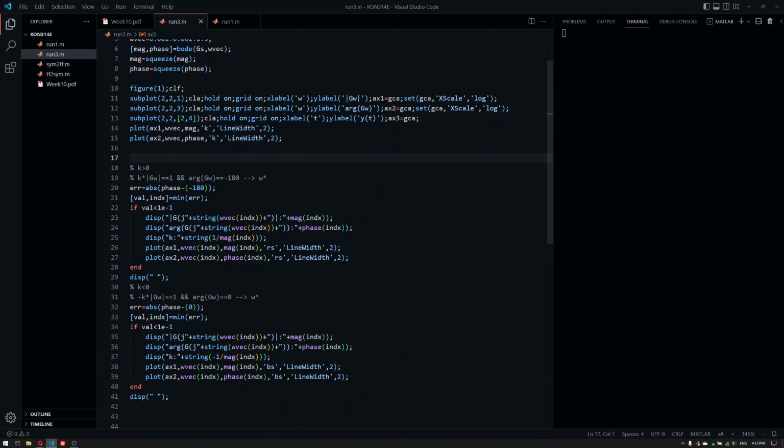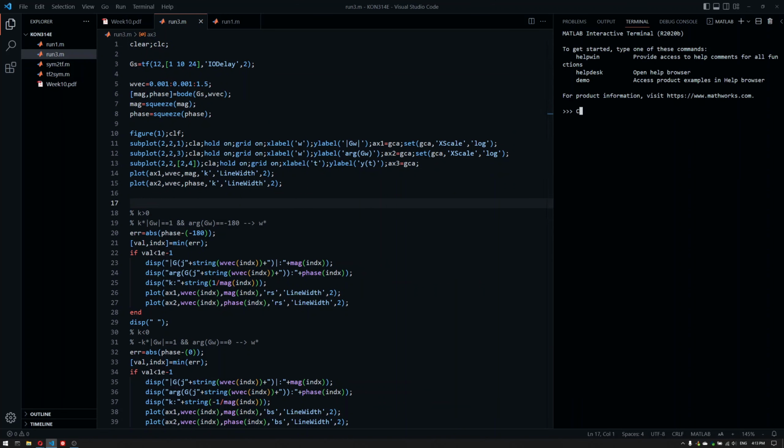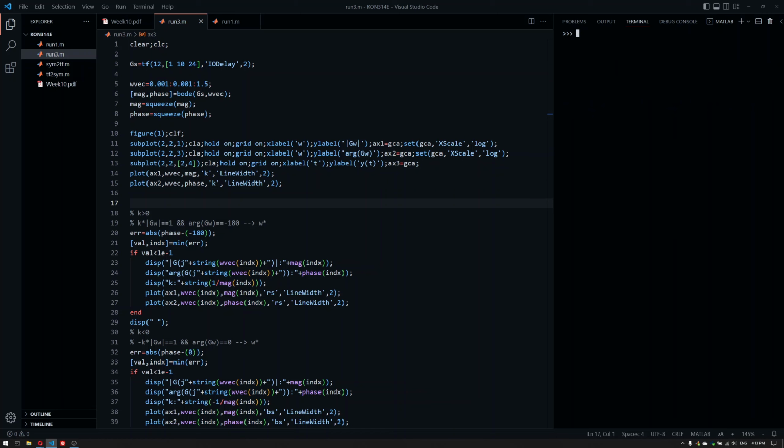The problem is that here, I'm going to explain in a minute why we have such issues when defining an omega vector here. But the issue comes from the fact that this is a delayed system, and the delay part affects basically the phase plot here.